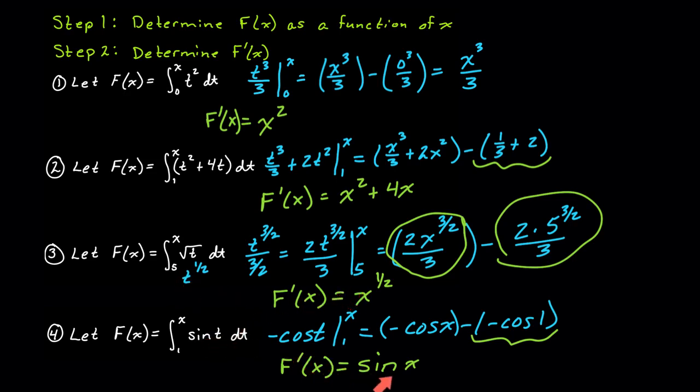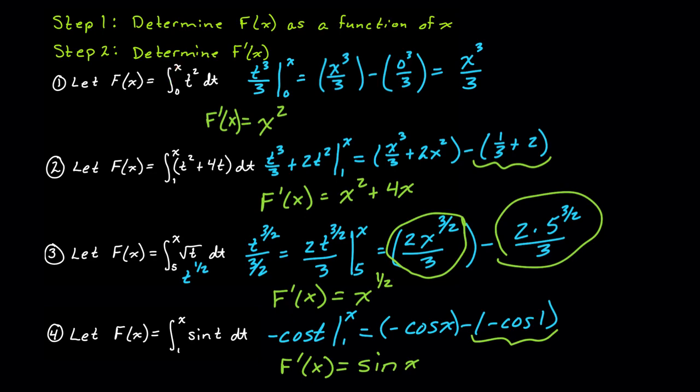So hopefully it's not too difficult to see that when you have a capital F, which represents your antiderivative, and we find f prime, that means we are finding the derivative of the antiderivative from 0 or 1 or 5. What we're doing is going from a constant up to x.